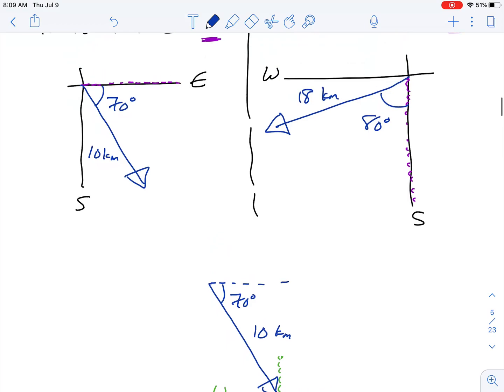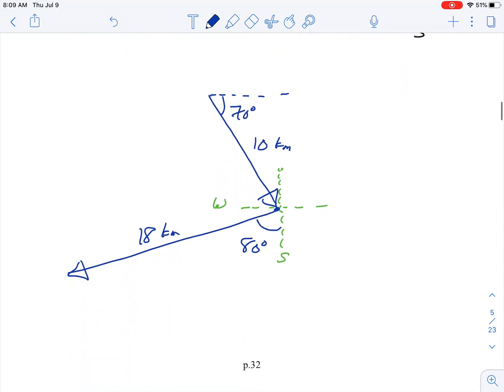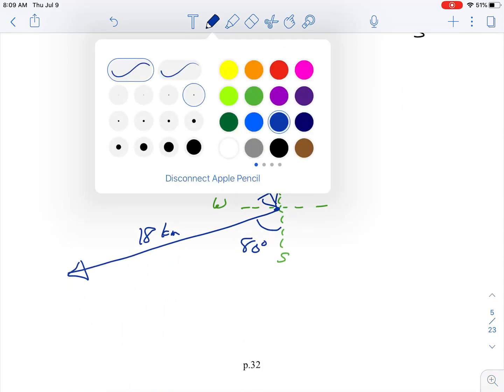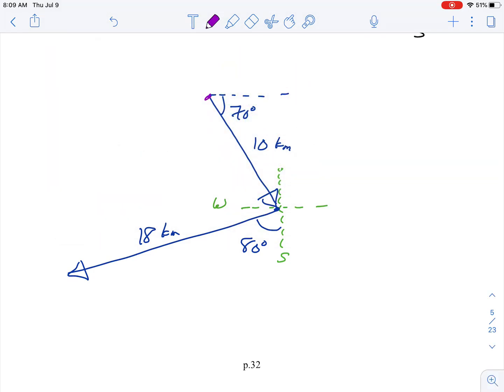Good. So now we've added these things tail to tip. And remember, the resultant goes from start to finish. So here's your start all the way to the finish. So that would be the resultant. And I want to mention one more thing about the angle for the resultant. What I want you to do when you show the angle is, again, put some axes here and realize that the angle has to be with respect to an axis.